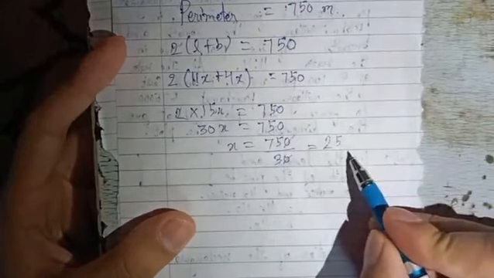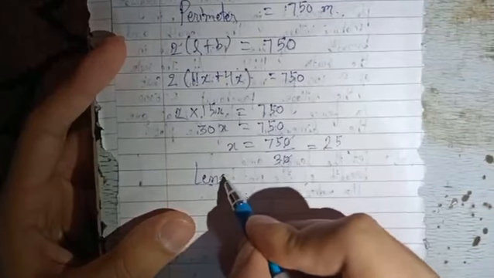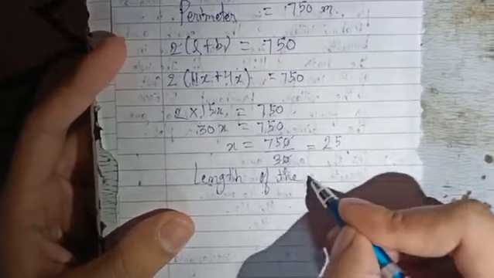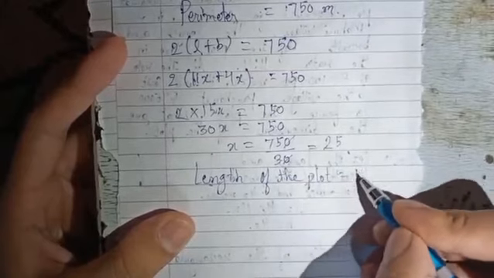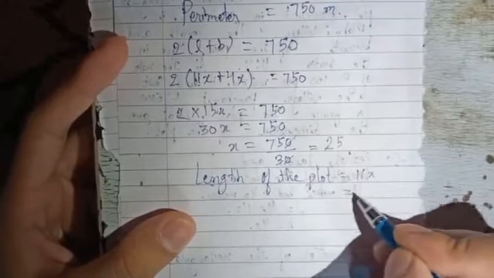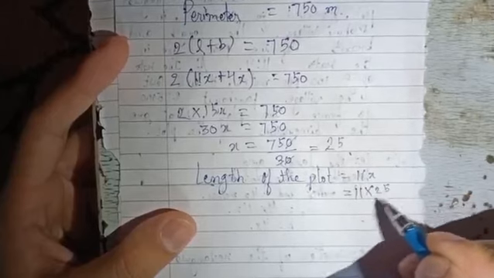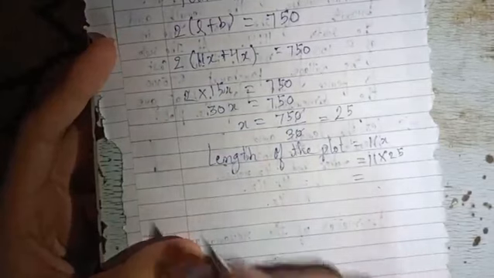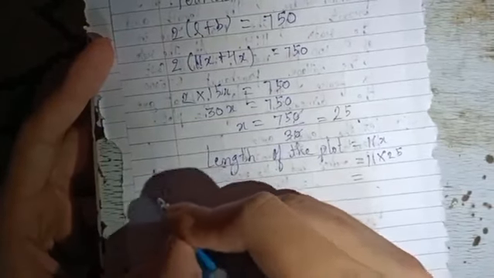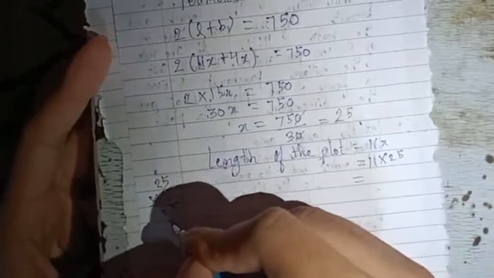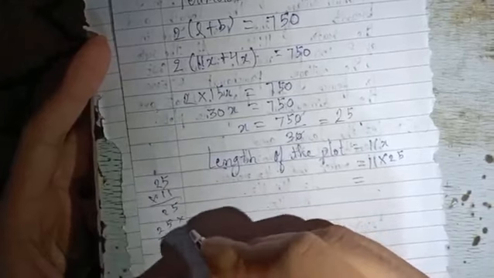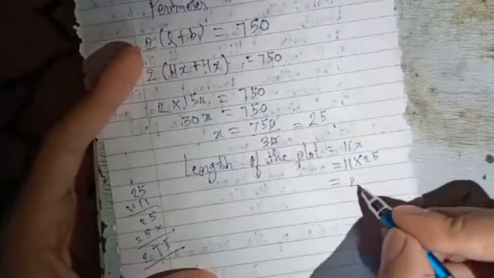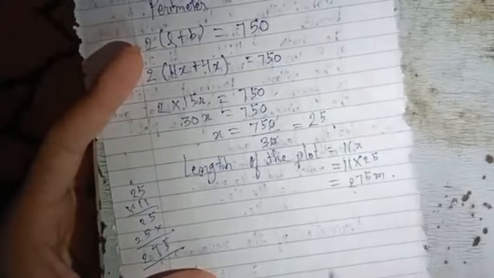So if the value of x is 25, the length of the plot is equal to 11x, and since x is 25, 11 multiplied with 25, that is 275 meters.